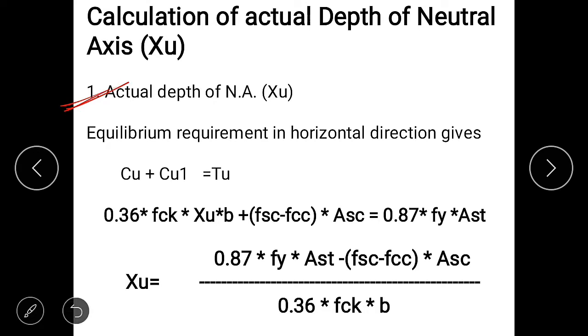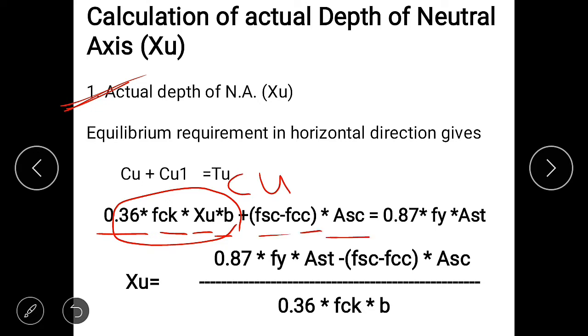Now first step, we have to calculate the actual depth of neutral axis, Xu. Equilibrium requirement in the horizontal direction gives Cu plus Cu1 is equal to Tu. Cu is 0.36 fck into Xu into b. Cu1 is fsc minus fcc into ASC.